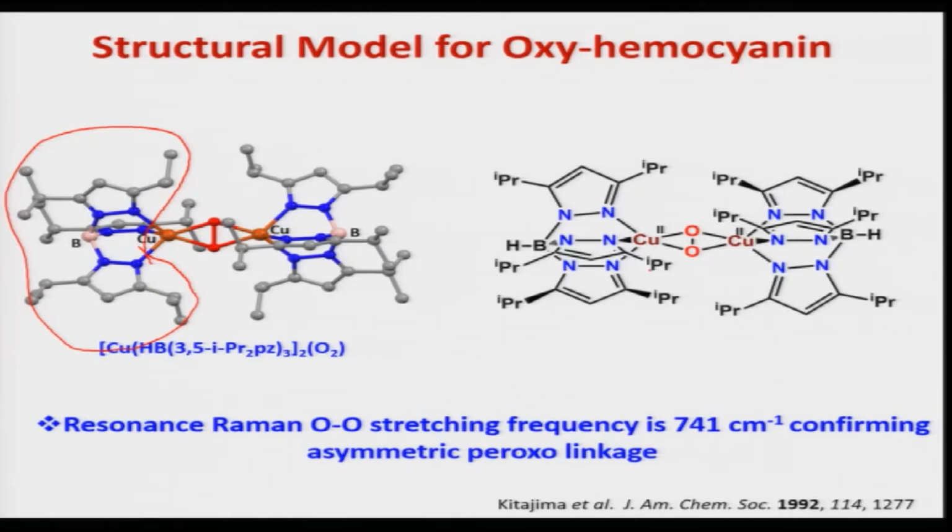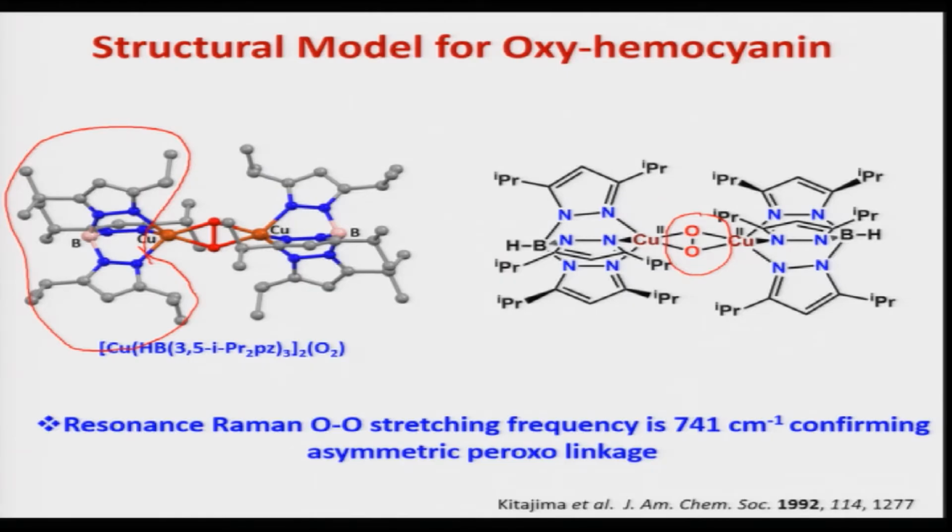This is a schematic representation. What is being seen is that yes, this is the copper(II) center, and the resonance Raman O stretching frequency is around 741 cm⁻¹, further confirming the peroxo linkage.